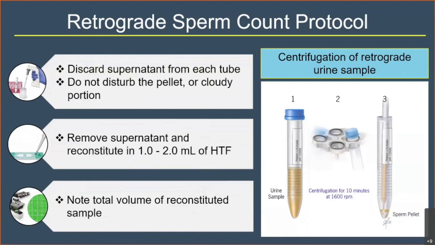The supernatant is aspirated, making sure not to disturb the pellet or the cloudy portion. Once the supernatant is aspirated, the pellet is reconstituted in 1 to 2 ml of HTF. Finally, note the total volume of the reconstituted sample. The pellet from each tube is reconstituted in fresh HTF and finally pooled together, and the total volume of the pooled sample is recorded.